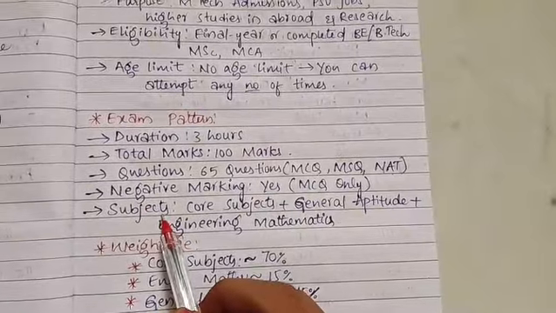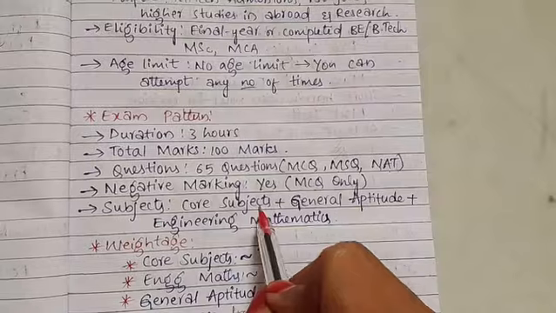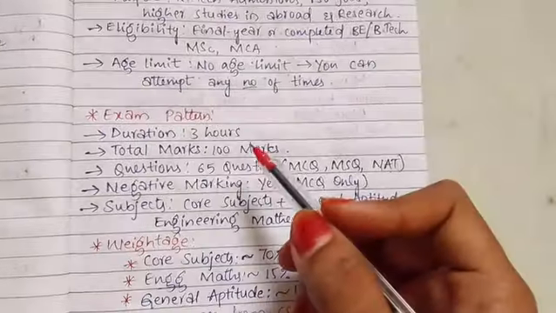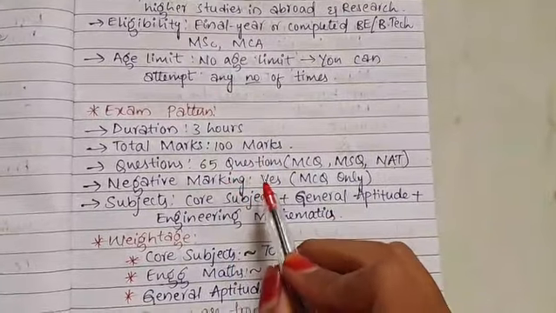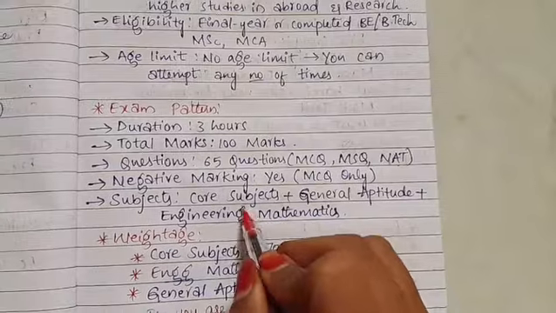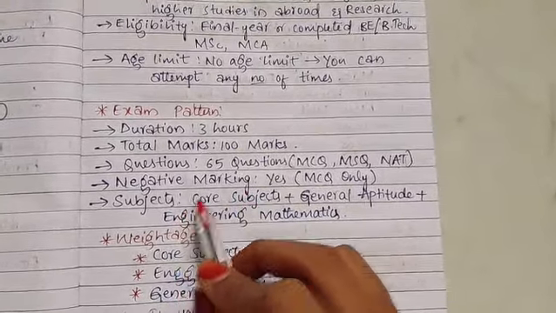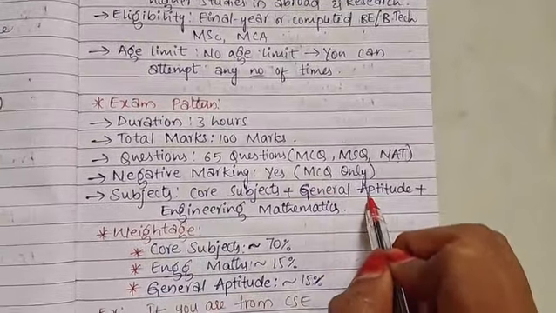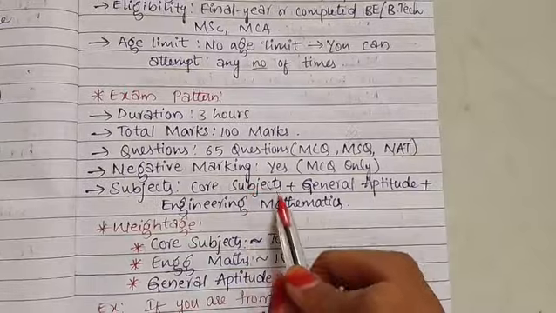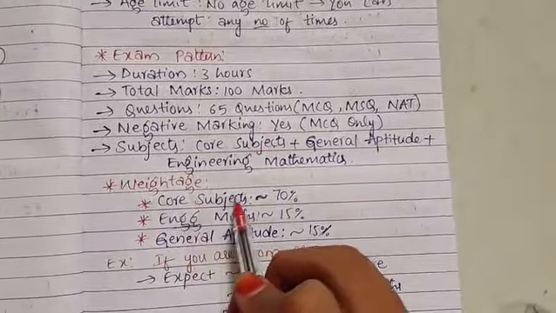And what are all the subjects included in the GATE exam? Those are core subjects, for whatever subject you have applied for, CSE, ECE, EEE, etc. We have 30 plus subjects in the GATE exam, and we have general aptitude and engineering mathematics. These are the subjects included in the GATE exam. And what is the weightage for each subject?